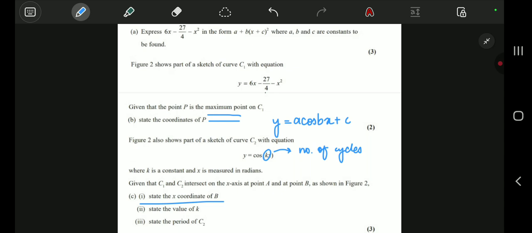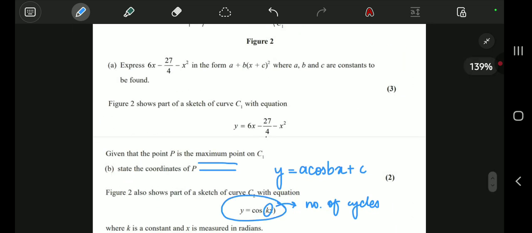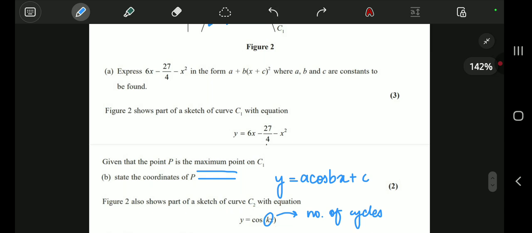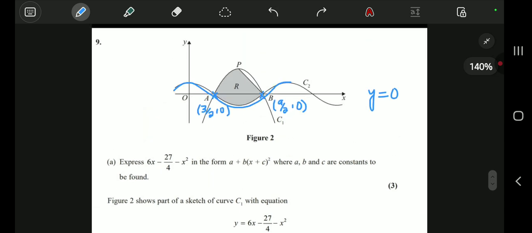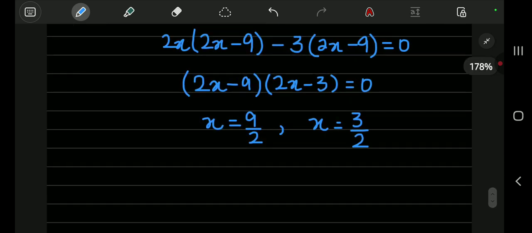For this, what we will be doing is substituting y equals 0 in the second equation as well, that is y equals cos kx, because on this curve as well, on the x-axis, we can find the point B, so we can substitute that to find the value of k. First write down that the x coordinate of B is 9 over 2.